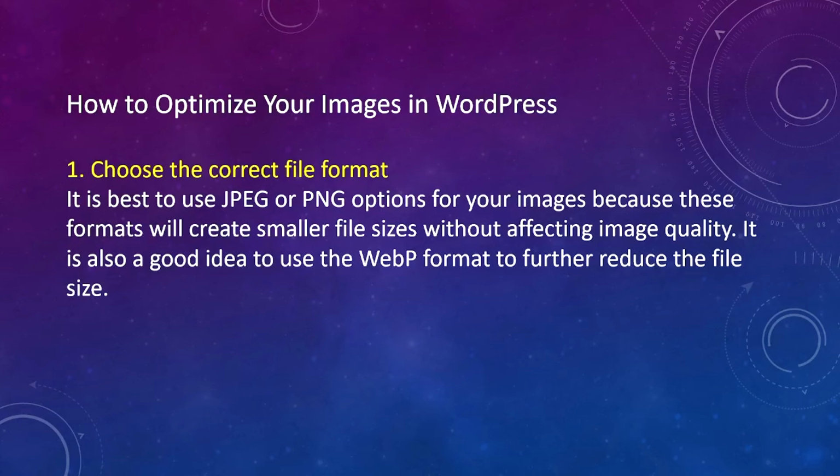Now, this format will make the image file up to 34% smaller than JPEG or PNG images while still retaining high quality. Most internet browsers are designed to handle WebP format, so I'll talk about WebP a little bit later on.